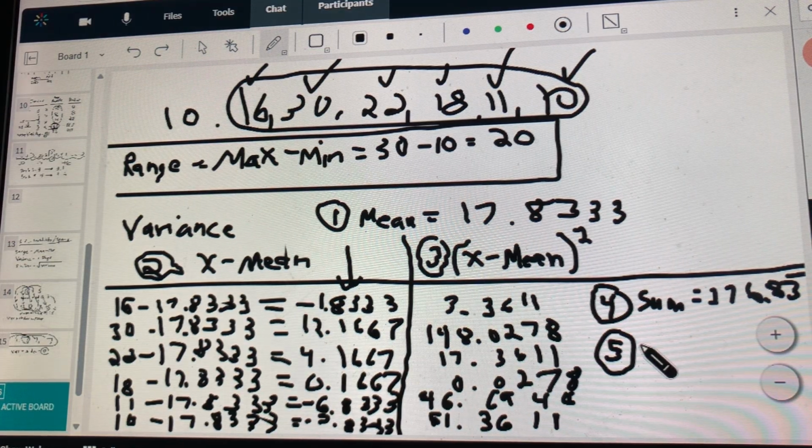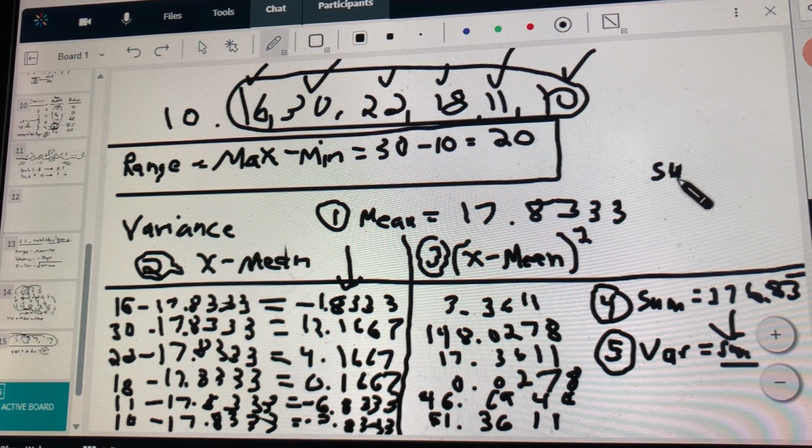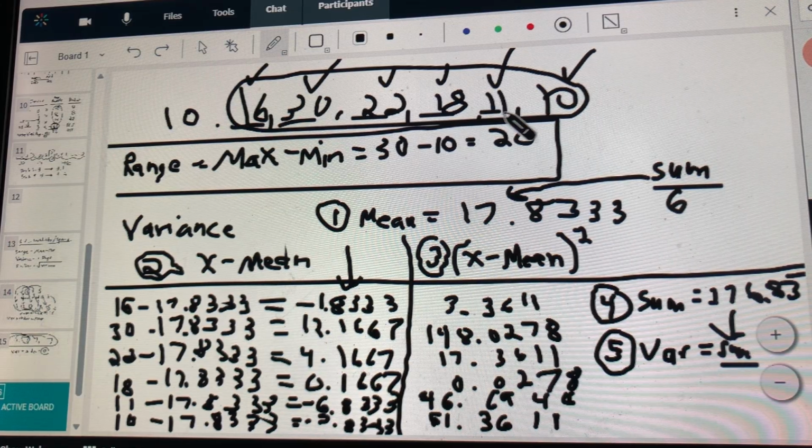If you want sample variance, you take this sum right here, and you divide by, remember how we got the mean? The mean was the sum divided by 6. That's how I got this 17 number, because there were literally 6 numbers in the original problem.